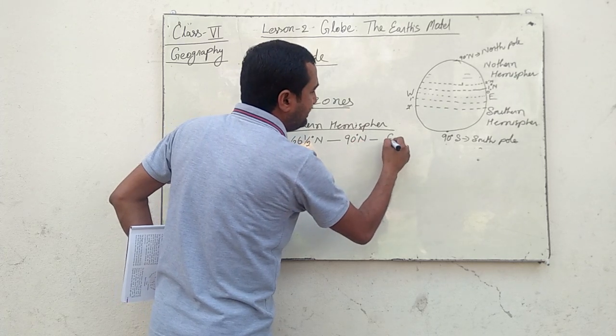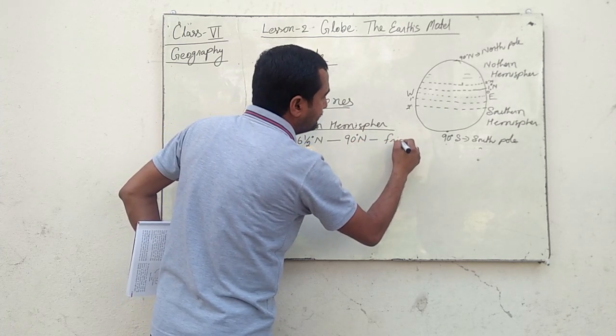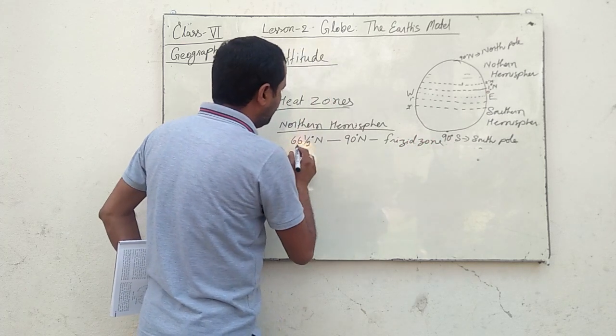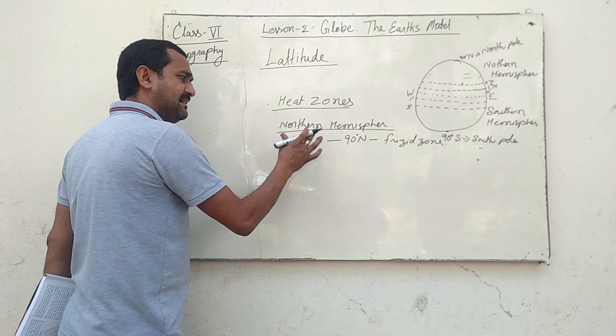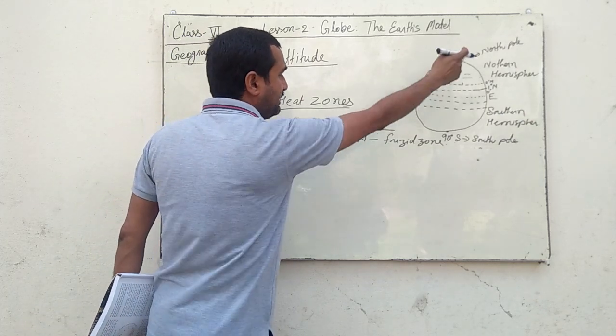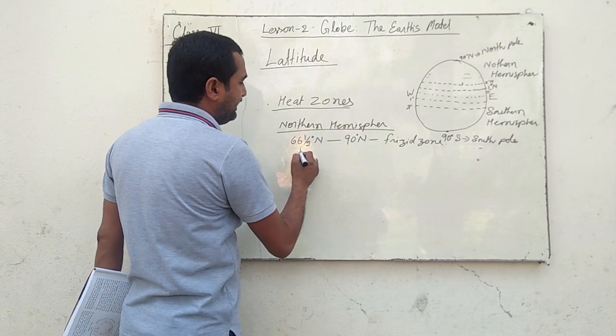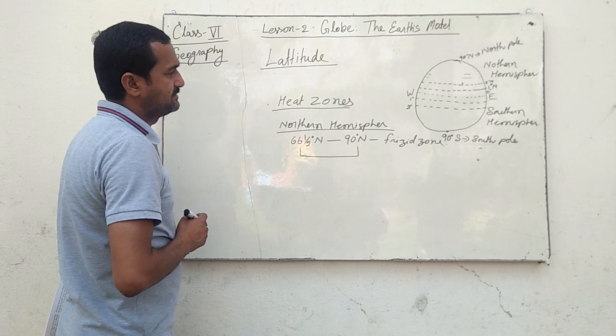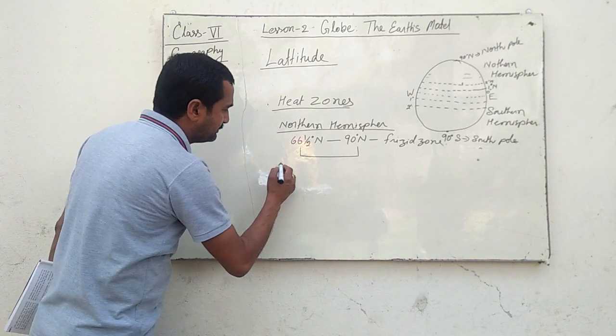That is frigid zone. You know 66.5 degree north, that is Arctic Circle, and 90 degree north is North Pole. So the area between Arctic Circle and North Pole is called frigid zone.